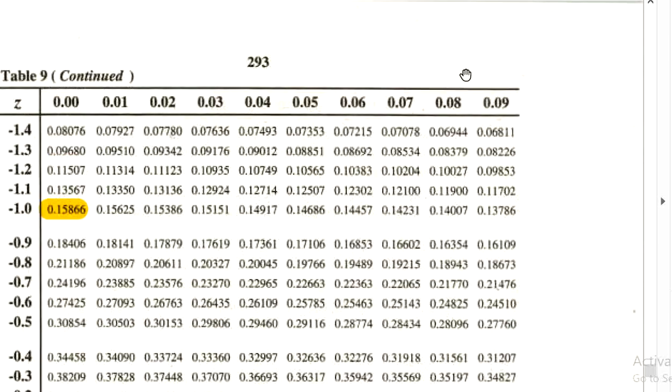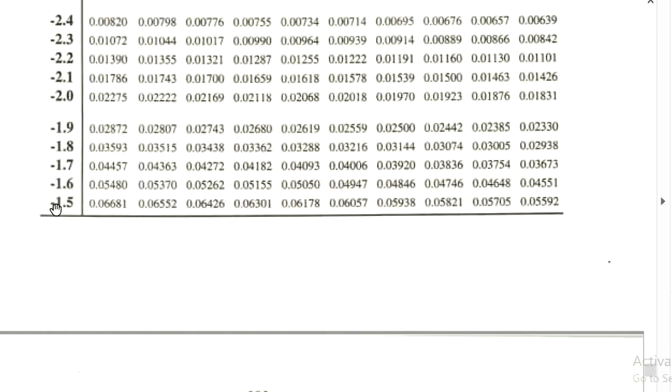This is minus 1.5. इसको जब 0 में देखेंगे तो ये वैल्यू आ जाएगी 0.06681.